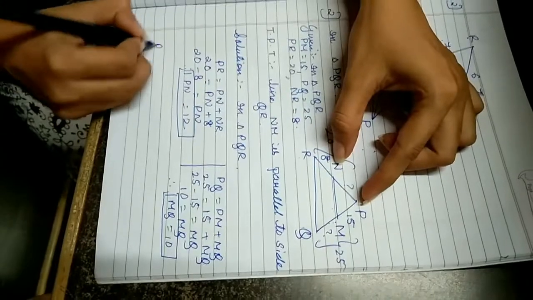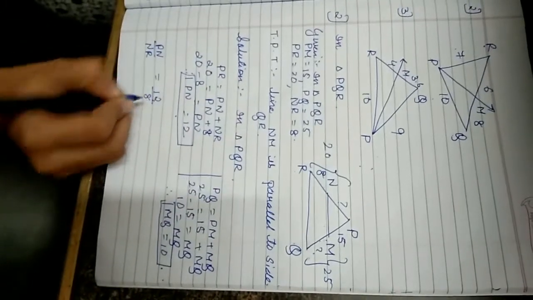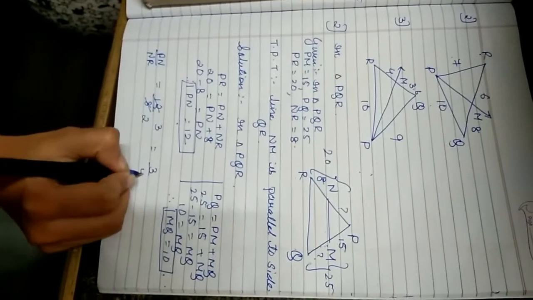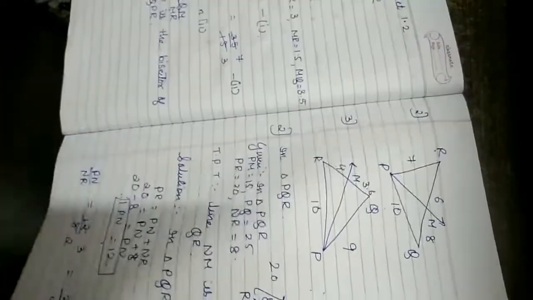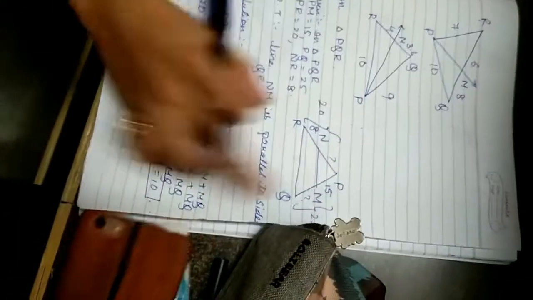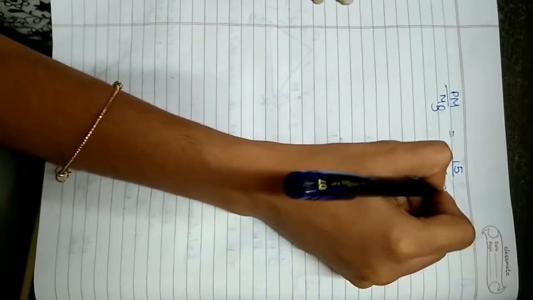First find the ratios, that is PN upon NR. PN is 12, NR is 8. 4 2s are 8, 4 3s are 12, which is equal to 3 upon 2. This is equation 1. And next ratio is PM upon MQ. Value of PM is 15 and MQ is 10. 5 2s are 10, 5 3s are 15, that is 3 upon 2.